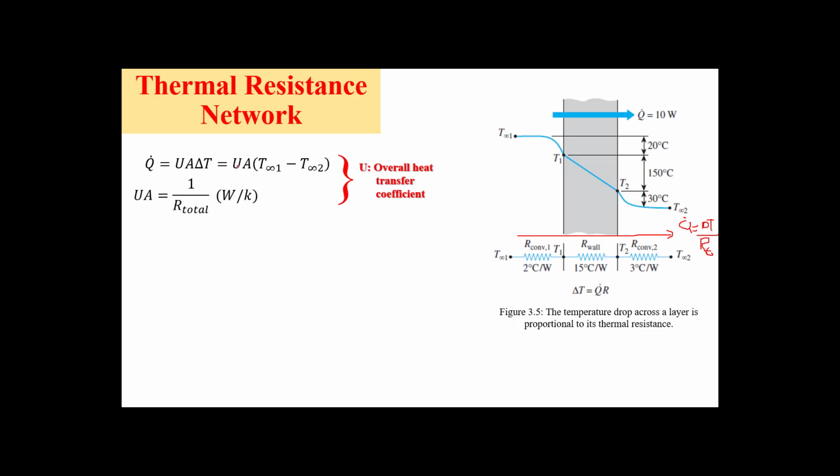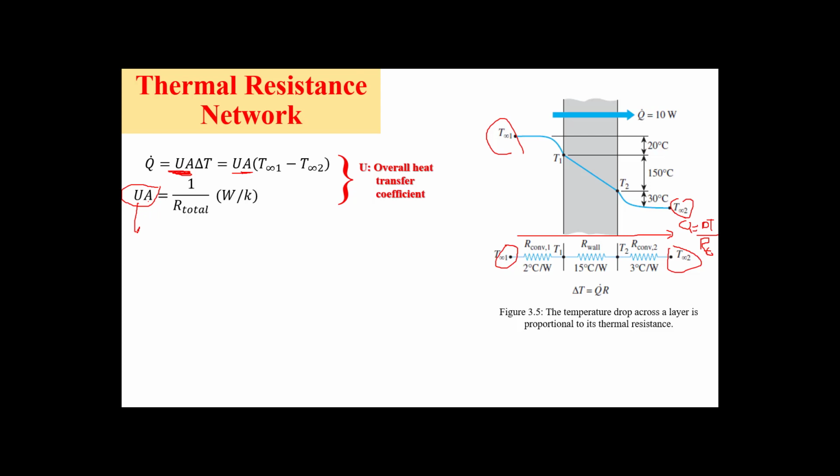Okay, now instead of that, we can use U multiplied by area, multiplied by delta T. Delta T in this scenario is T infinity 1 minus T infinity 2, the two junctions at the starting and at the end, because we are talking about the total. So in this scenario, U multiplied by A, overall heat transfer coefficient multiplied by A, must equal 1 over R total. And its unit is watt per Kelvin. U multiplied by area, watt per Kelvin.